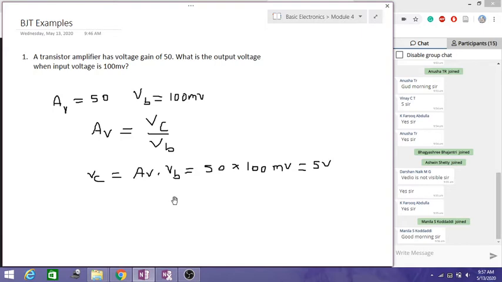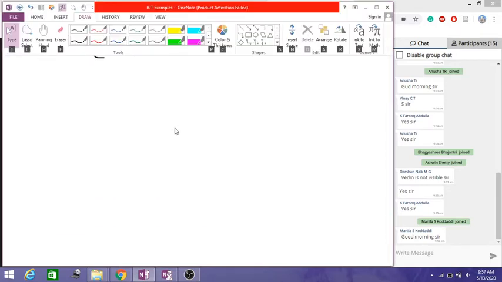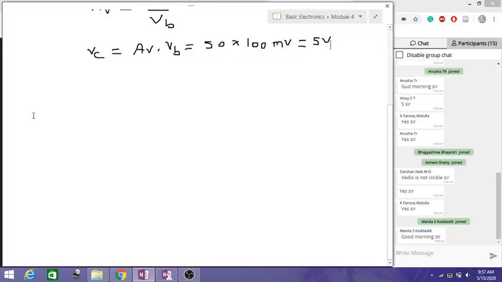So let's take another example here. Determine the voltage gain and the AC output voltage for the circuit.